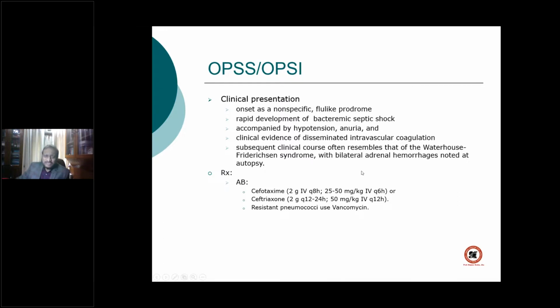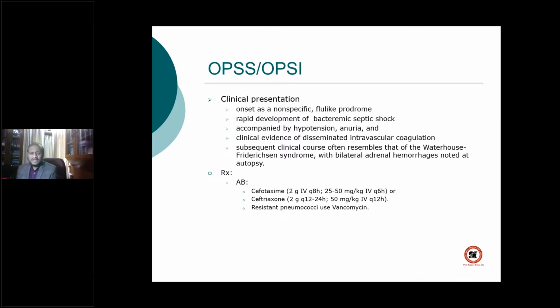You have hypotension, anuria, multiple organ dysfunction and failure, ultimately leading to disseminated intravascular coagulation and bilateral adrenal hemorrhage presenting as Waterhouse-Friderichsen syndrome. And these are the patients who will develop intractable or irreversible septic shock.